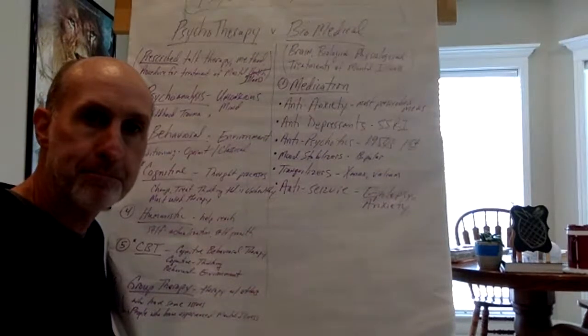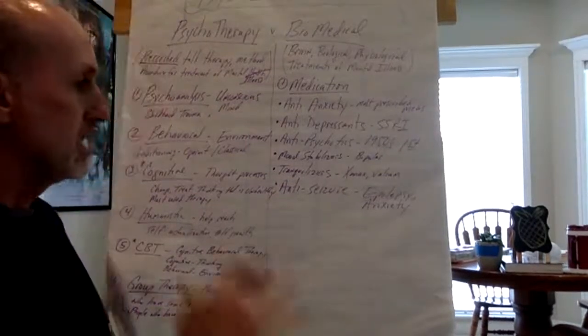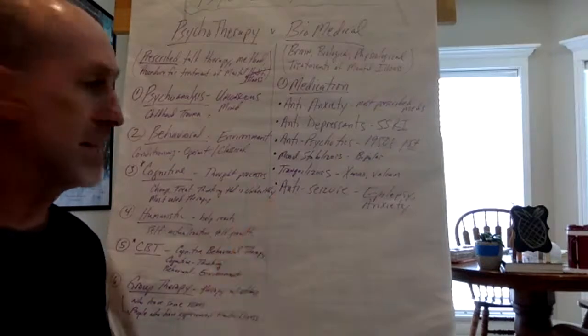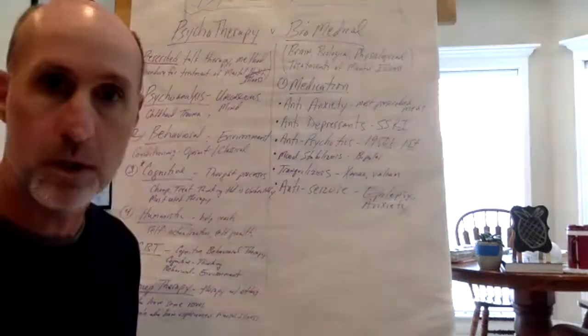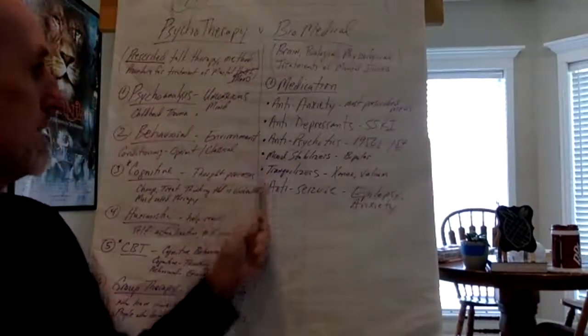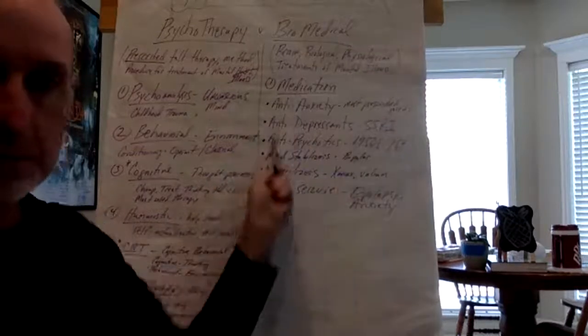Okay? All right, so that will be the end of our medication component of the biomedical side. So we've got 6 here. Obviously, there are more. Your big ones are the ones that I listed first. So your first 5 are pretty big, very commonly used.